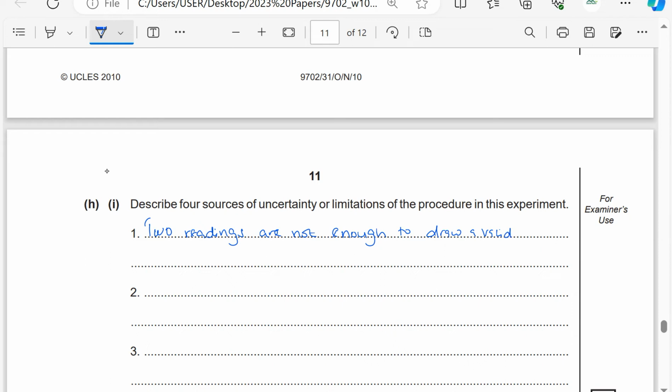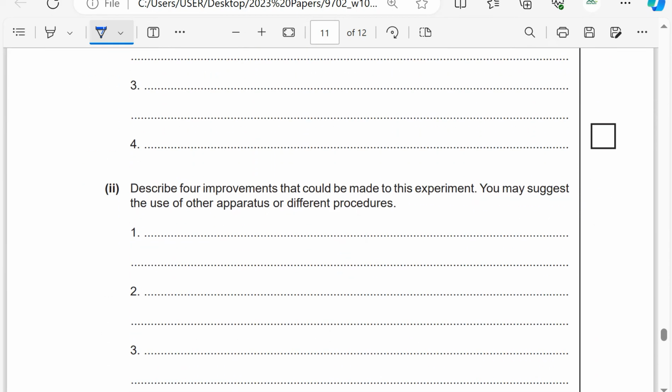To draw a valid conclusion, 2 readings are not enough. So this could be solved by taking more readings and plotting a graph.